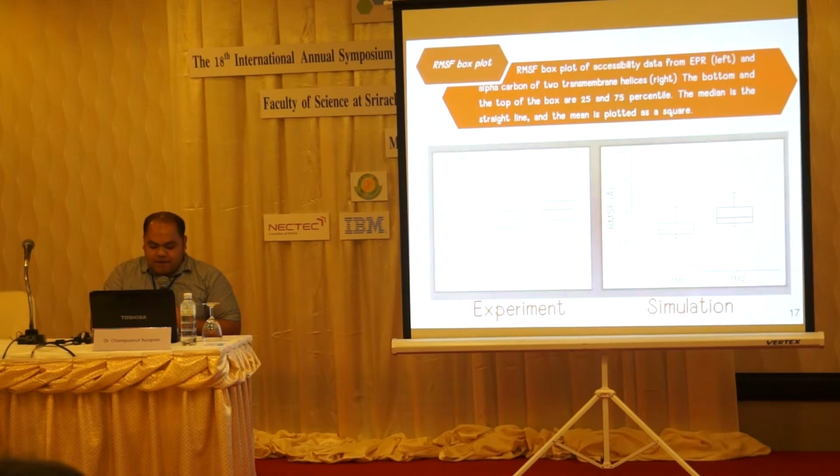The RMSF for TM1 and TM2 are represented by a statistical box and whisker diagram as shown in the figure. A comparison between the RMSF from the simulation and the experimental mobility parameter from the site-directed spin labeling electron paramagnetic resonance technique shows progress consistently.